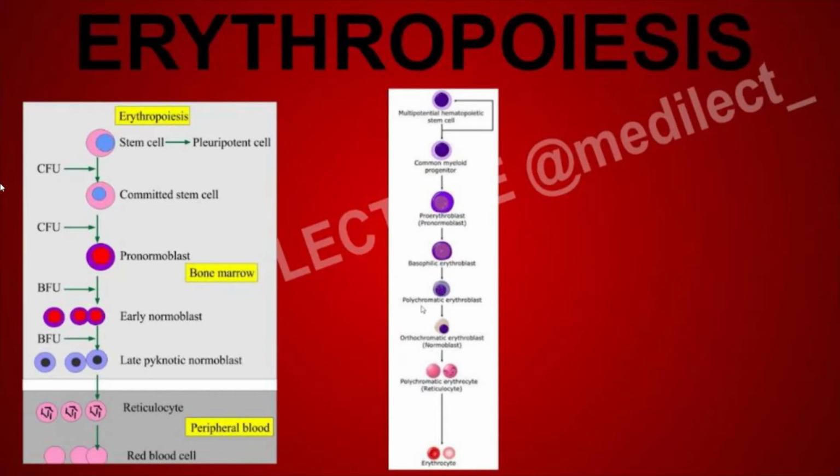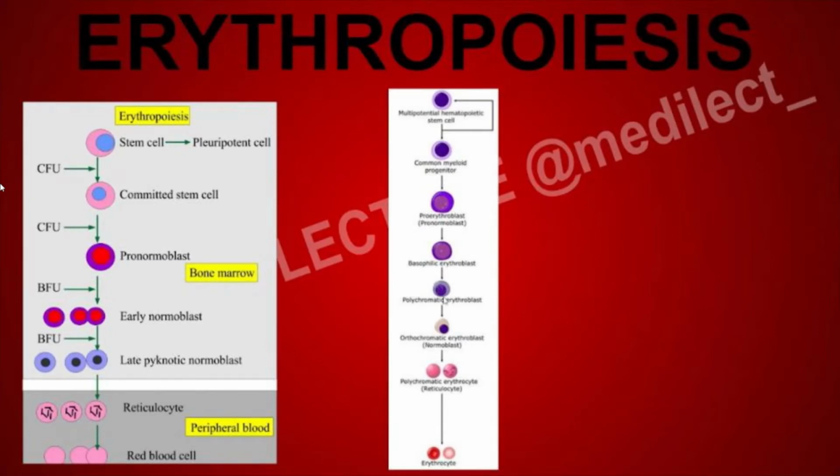Next comes the polychromatic erythroblast, also known as the intermediate normoblast stage. What happens inside this cell? Clumped chromatin is seen, and there are no nucleoli. Very importantly, the cytoplasm is grayish in color.